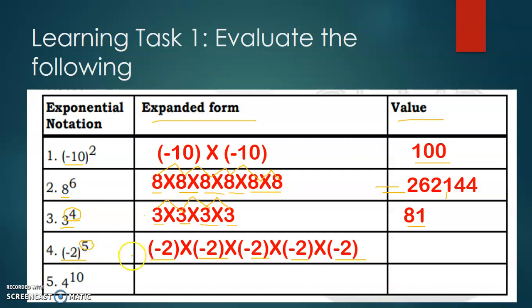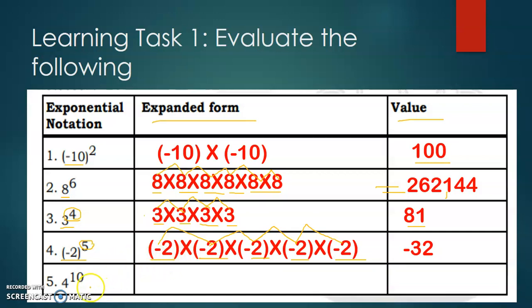So, if you're going to multiply everything, negative 2 times negative 2 times negative 2 times negative 2 times negative 2. Negative times negative, positive yan. Times negative, naging negative uli siya. Times negative, naging positive. Times negative, negative ulit. So, the product is negative 32. Sa ating mga susunod na lesson, malalaman niyo kung paano nangyari yan. Yung mga negative na yan.